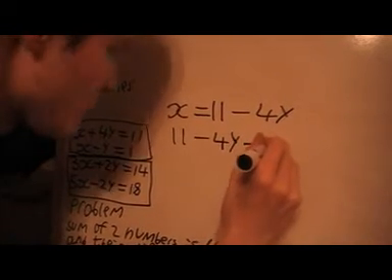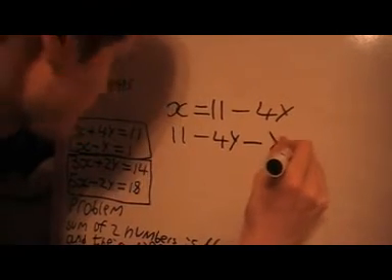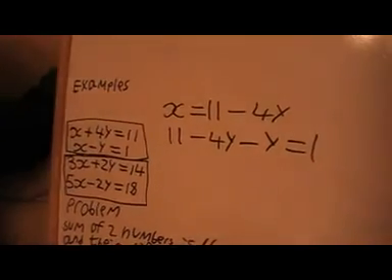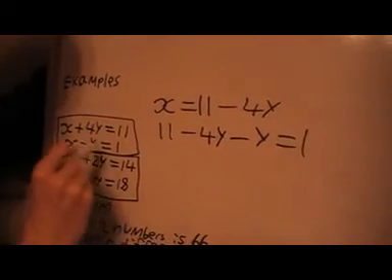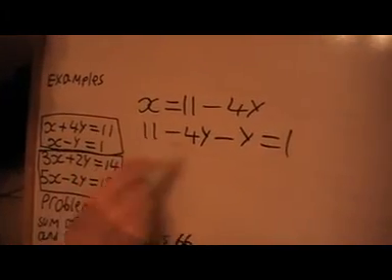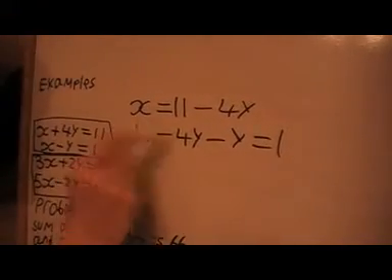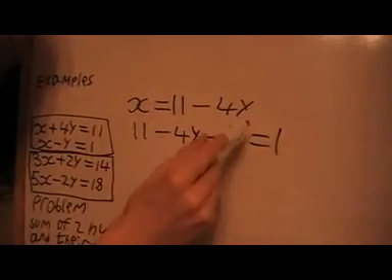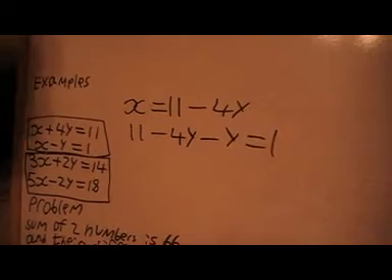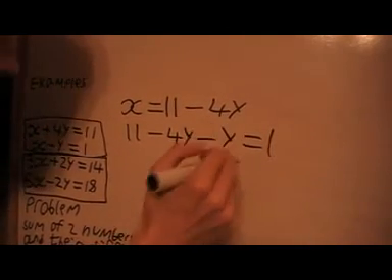And then we've still got y, which equals 1. So this is the second equation I'm substituting into here. So this isn't an original equation, this is a linear equation that I've made by using some substitution. And we're now going to solve that.